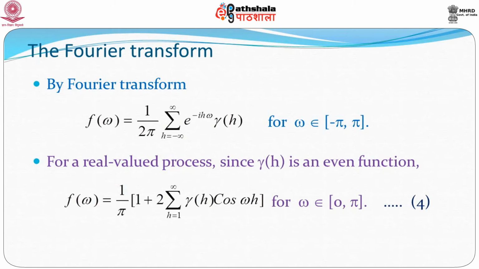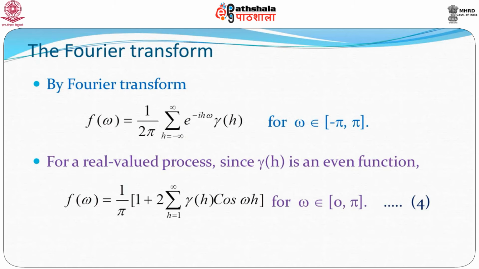Being a real valued process, we do not have the imaginary term here. If you take out the value for γ(0), you can write this in terms of the remaining γ(h) values as only the positive h values, take twice of that, and write it in this form.